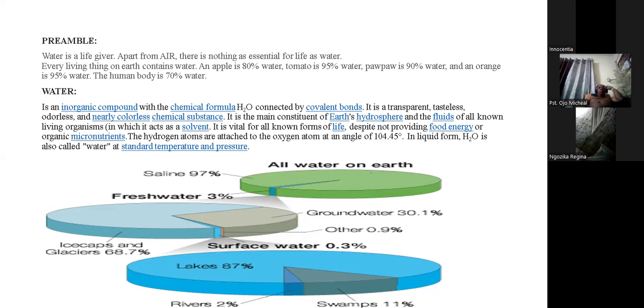Now, it is the main constituent of the Earth's hydrosphere. What do we mean by this definition? Water is the main constituent of the Earth's hydrosphere. That means if you look at our Earth, water has a larger percentage. As a matter of fact, 71% of the entire Earth is made up of water, leaving land with a small size.